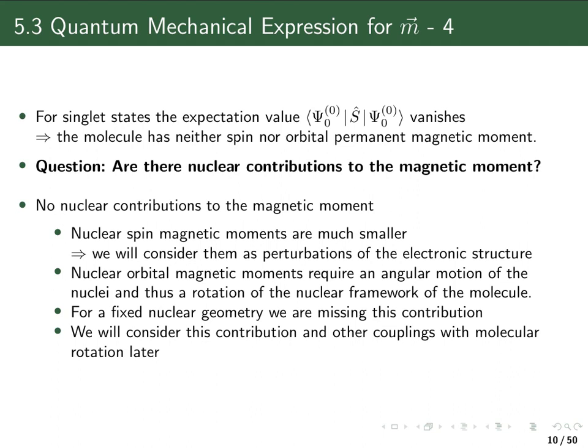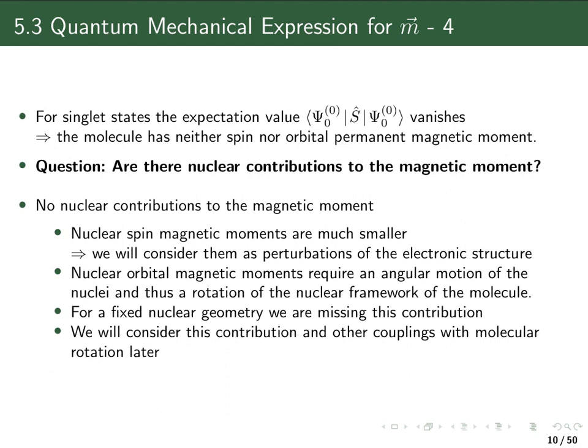We will later on in this chapter come back to the nuclear spins and the magnetic moment from nuclei, and there we will just treat them as a perturbation to the electronic energy of the system. So that was the spin of the nuclei. What about the orbital motion of the nuclei, aren't there any nuclear orbital magnetic moments?